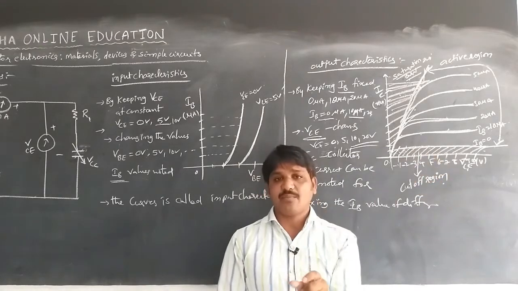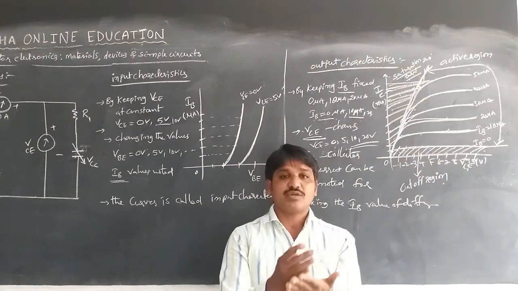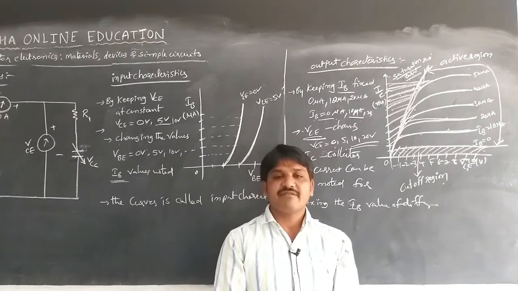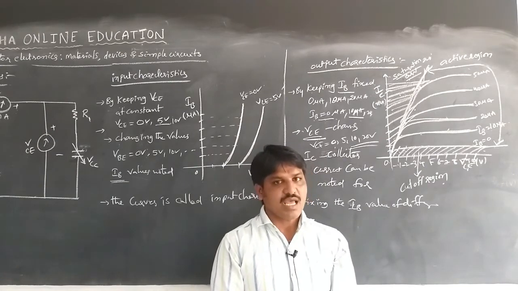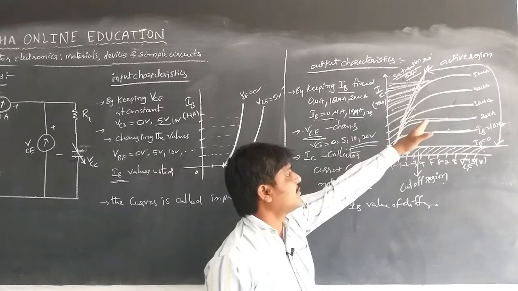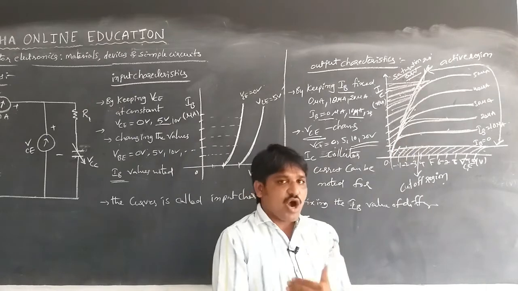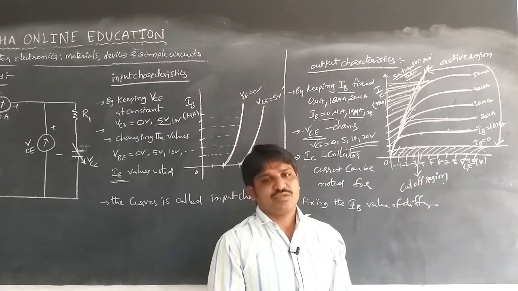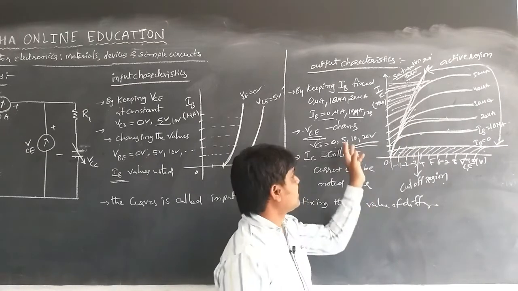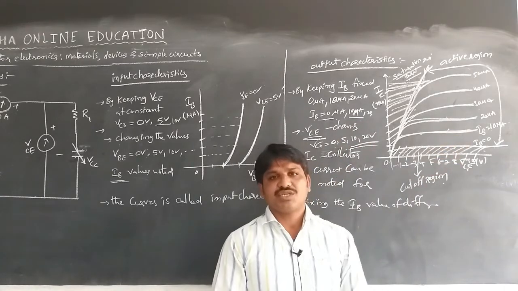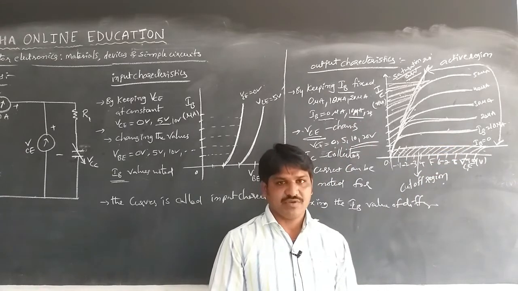That happens when the input and output circuits are reverse biased. And in the remaining region, the collector current depends on the base current and output potential: by changing the output potential, the current flows through the circuit for the fixed values of IB current. That total region is called the active region.